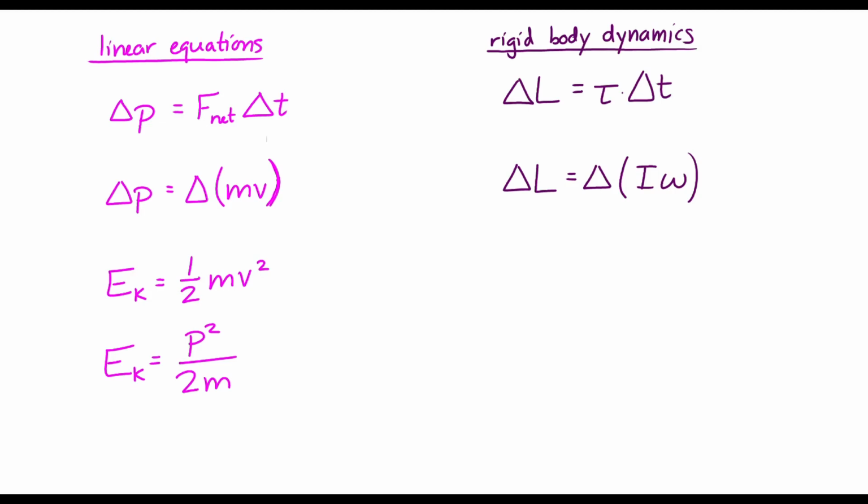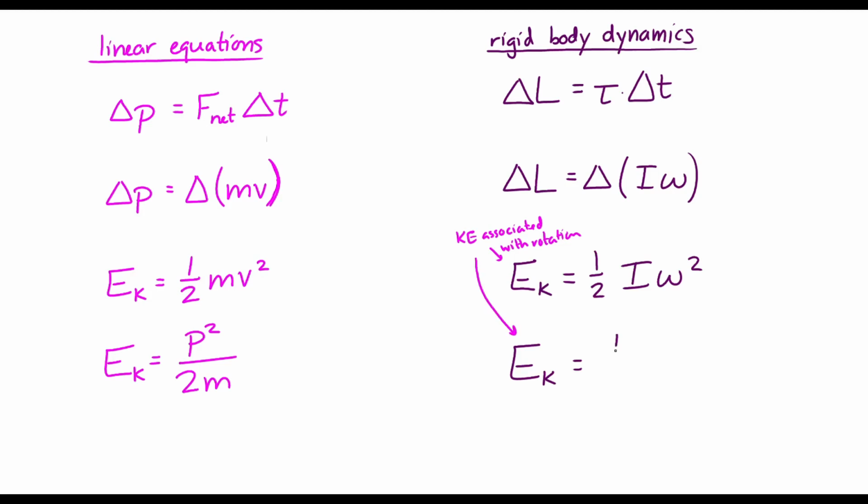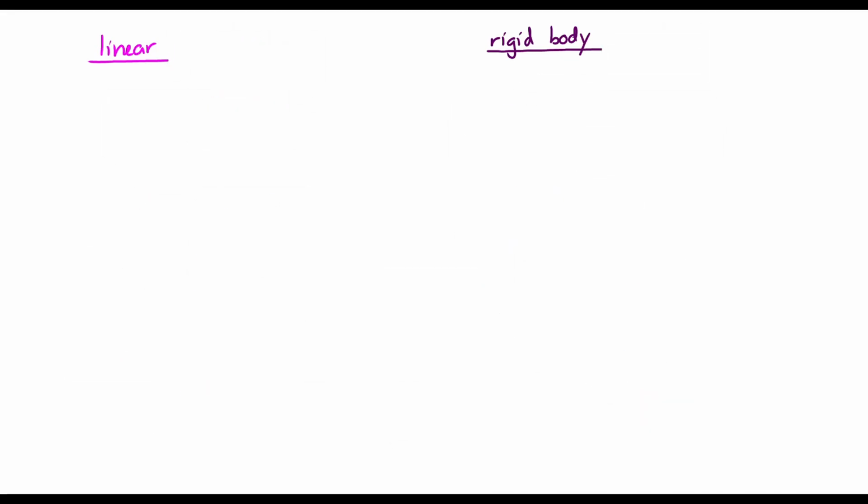Also, the kinetic energy associated with rotation is equal to 1/2 I times the angular velocity squared. And also, the kinetic energy, in a rotational sense, is equal to the angular momentum squared divided by 2 times the moment of inertia.